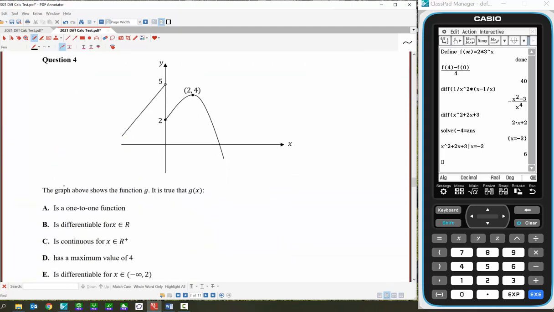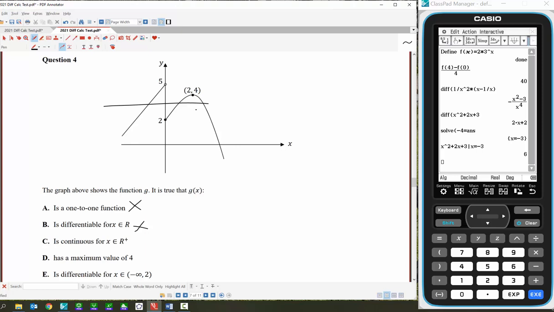Okay, next. The graph above shows the function g. It is true that g of x is a one-to-one function? No, because it fails the horizontal line test. Is differentiable for all x an element of real numbers? Well, it's not continuous, therefore it's not differentiable for all real. Is continuous for x an element of real positive?